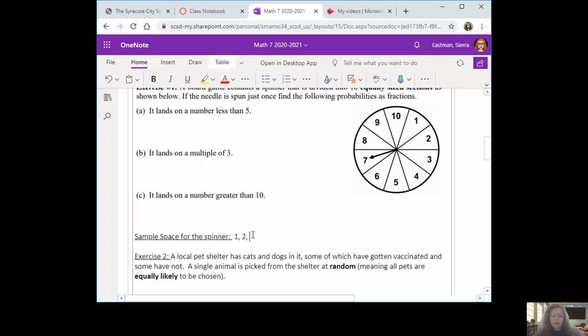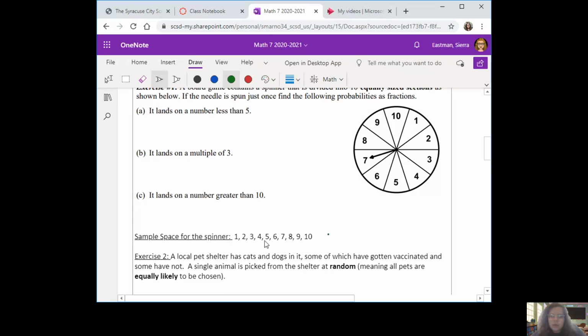Includes 1, 2, 3, 4, 5, 6, 7, 8, 9, 10. Oops, not 20. Okay. And what we're going to do is find how many outcomes are in each event. And then we're going to make that fraction using both of those numbers. And that'll be our probability.